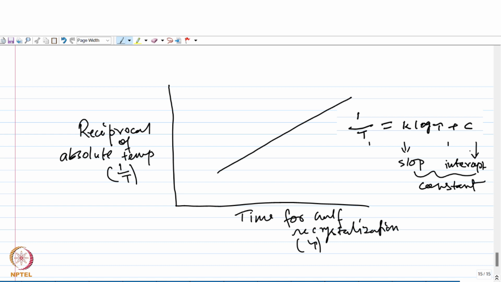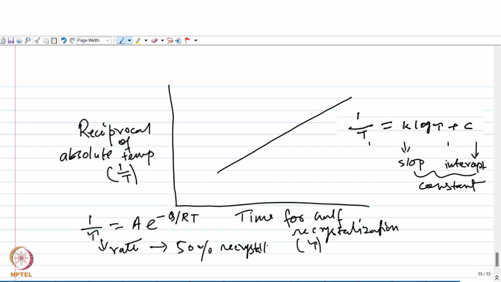It can also be expressed by an alternative equation of this form, where 1 by tau is the rate at which 50% of the structure is recrystallized, R is the gas constant, and Q is known as the activation energy for recrystallization.